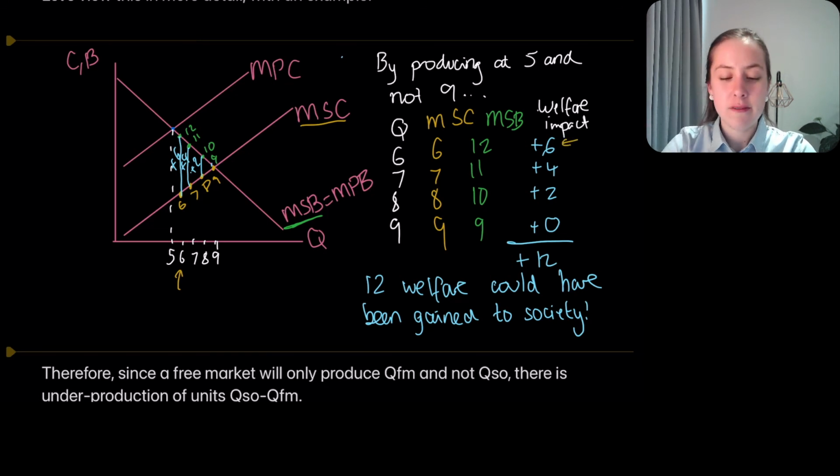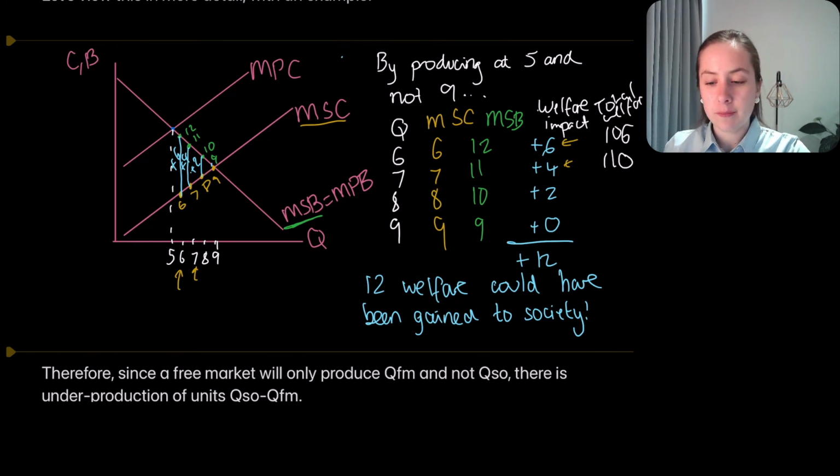Take a look at the 7th unit. Added 7 to costs and 11 to benefits, meaning it added another 4 to welfare. So let's say total welfare was 100 before, now it would be 106. Now it's 110, it gets higher, because you've been adding welfare on.